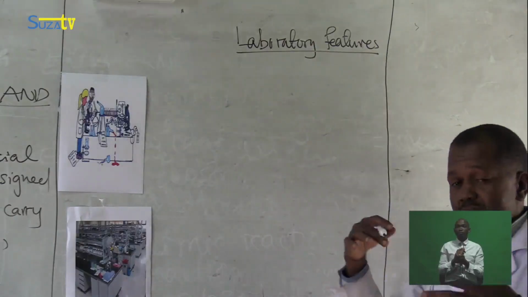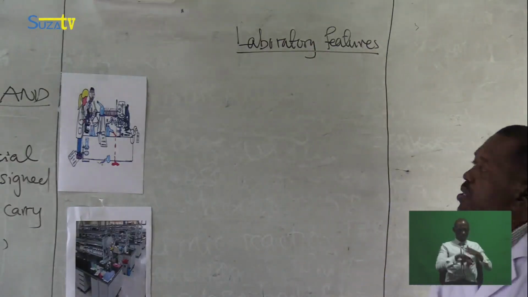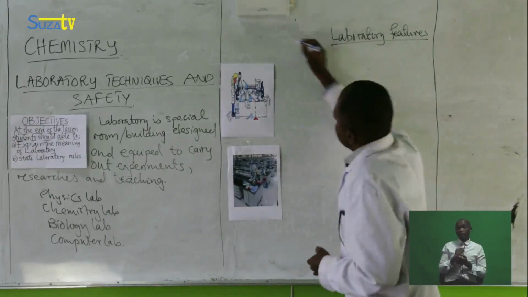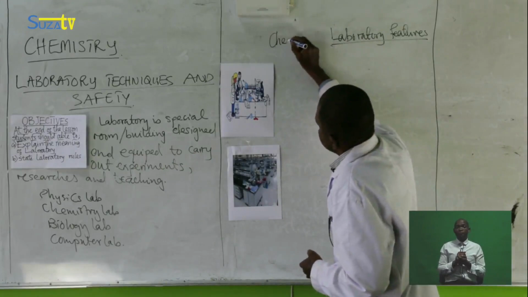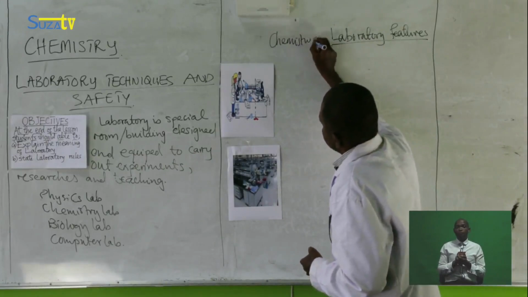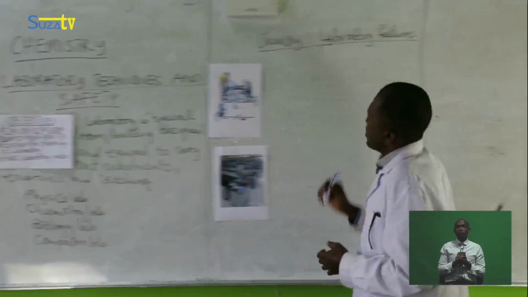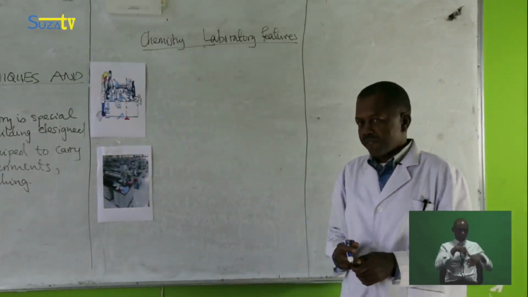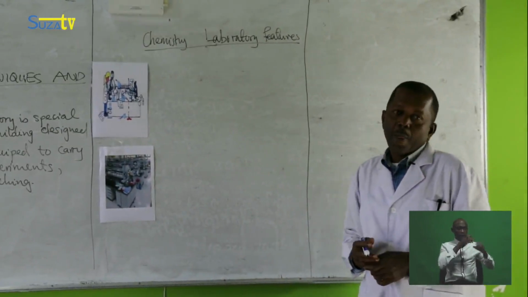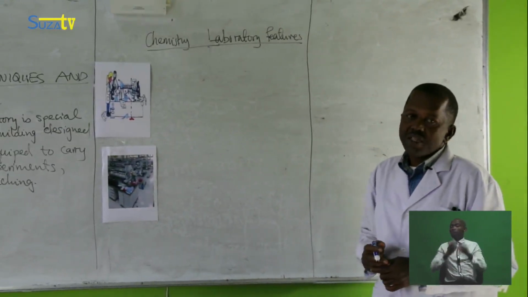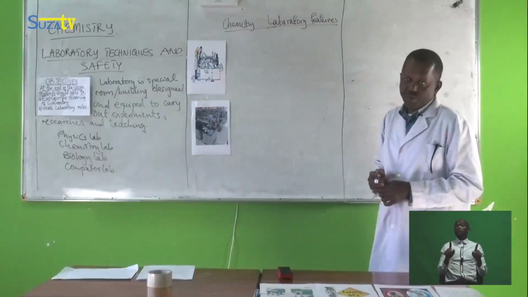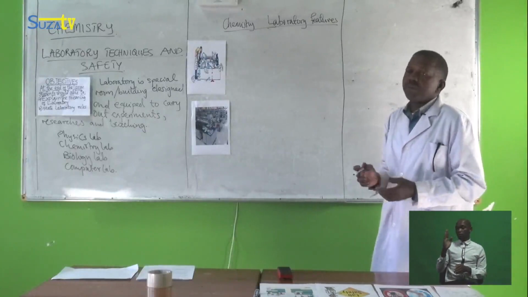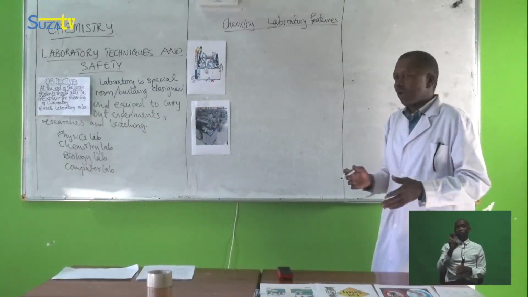We are focusing on chemistry laboratory features. A laboratory is different from a classroom or library, where you may find tables, chairs, or stools.